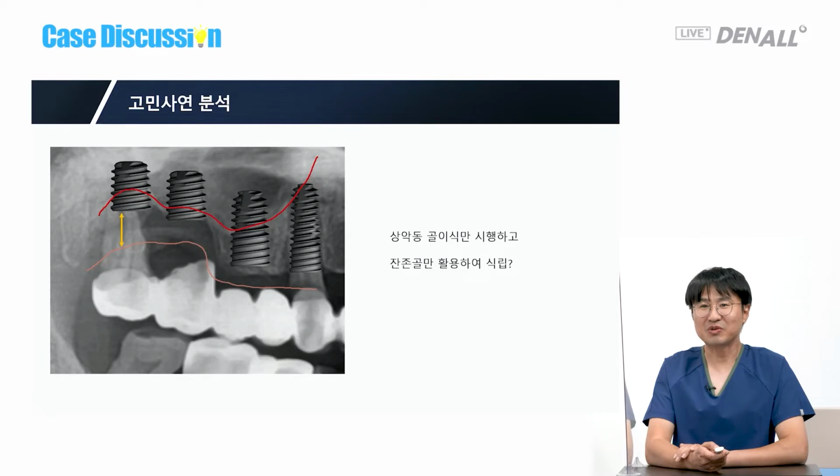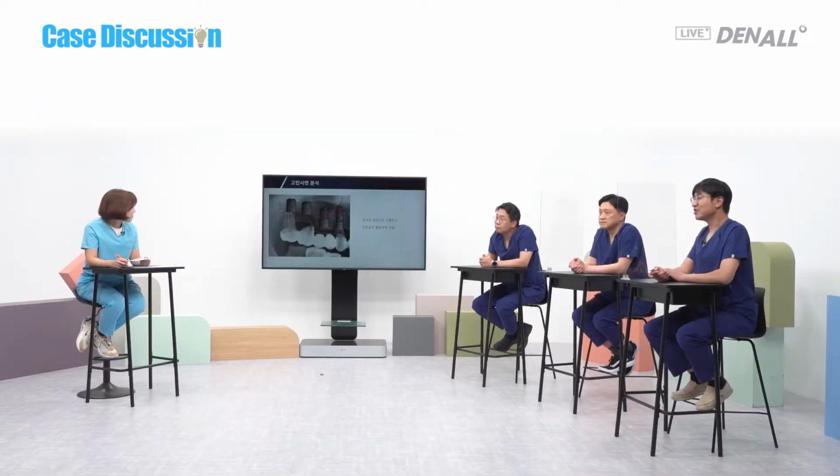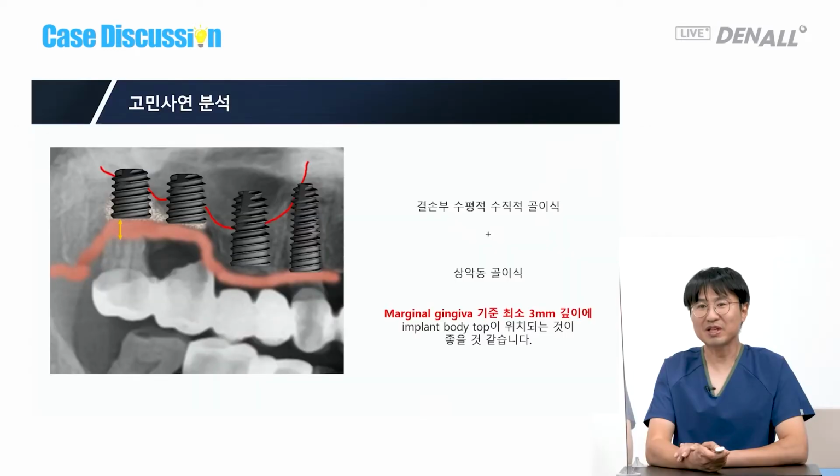So according to the question raised by the dentist, the bone graft is not to be done on the top. The intention of the question would be that the placement depth would be shallow and sinus bone graft followed by vertical and horizontal bone graft, if that is okay. What is important is that whatever the approach may be, that will work.